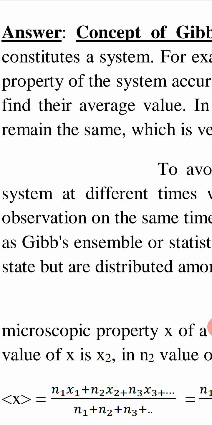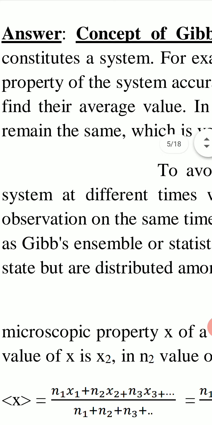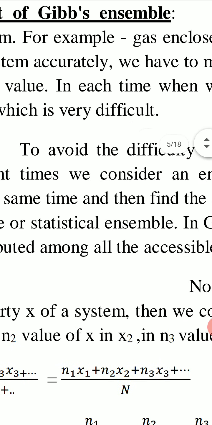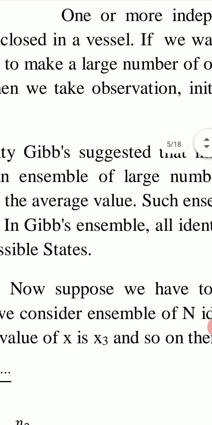For example, gas molecules in a vessel. So there are many particles which are gas molecules, and if they are inside a vessel, then this vessel is known as a system of a large number of gas molecules. For example, gas enclosed in a vessel.